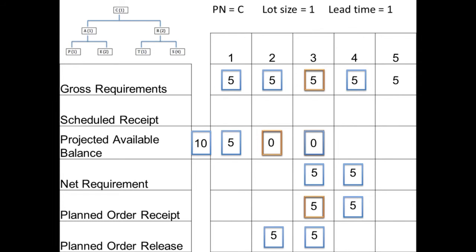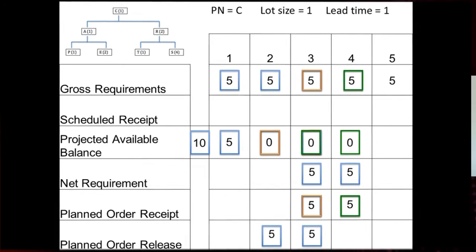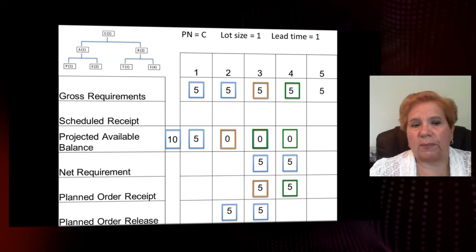MRP will create the planned order release, and then go back and recalculate the PAB: 0 plus 5 minus 5 is 0. Now remember, I might be saying "we calculate," but in essence, MRP is doing all of this work.